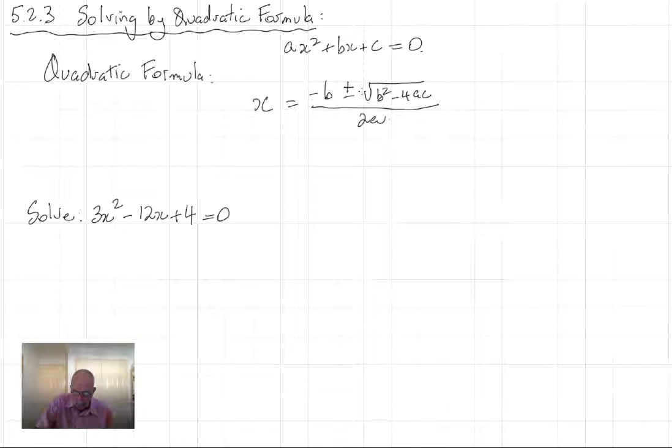Plus and minus, I'll explain as we go. Square root b squared minus 4ac all over 2a. Okay, you go through and just use the plus. That will give you one value. Then you go through and use the minus, and that gives you the two answers. We've seen that most quadratics have two.